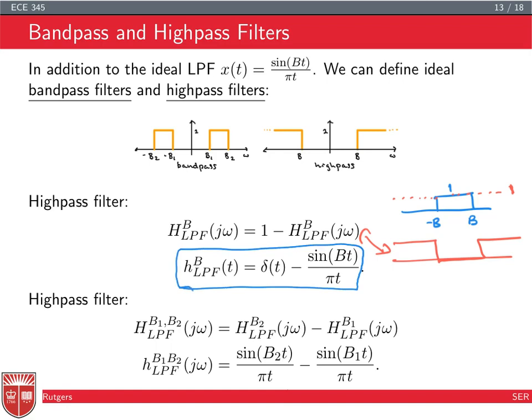Now for the filter that lets frequencies between B1 and B2 go through, I can subtract in the frequency domain. You can think of it as the subtraction of two low-pass filters in the following sense. Suppose I have one between minus B1 and B1, and another between minus B2 and B2. If you subtract these, you're going to get this one.